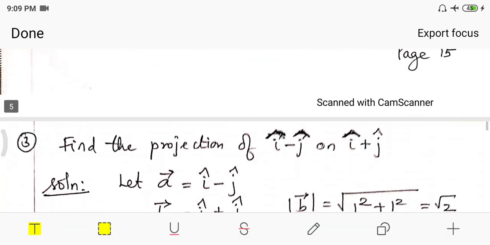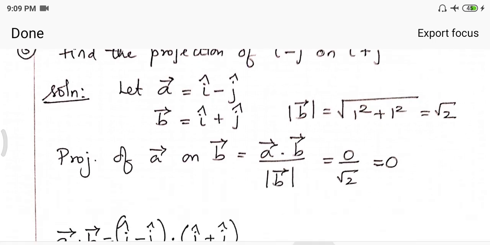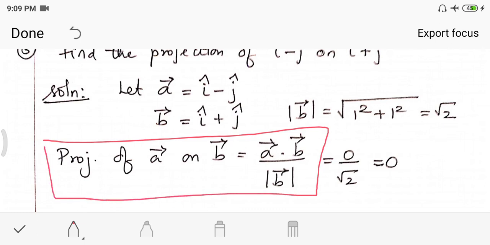We move to the third one. Find the projection of i cap minus j cap on i cap plus j cap. The formula for the projection of a vector on b vector is a vector dot b vector divided by magnitude of b vector.